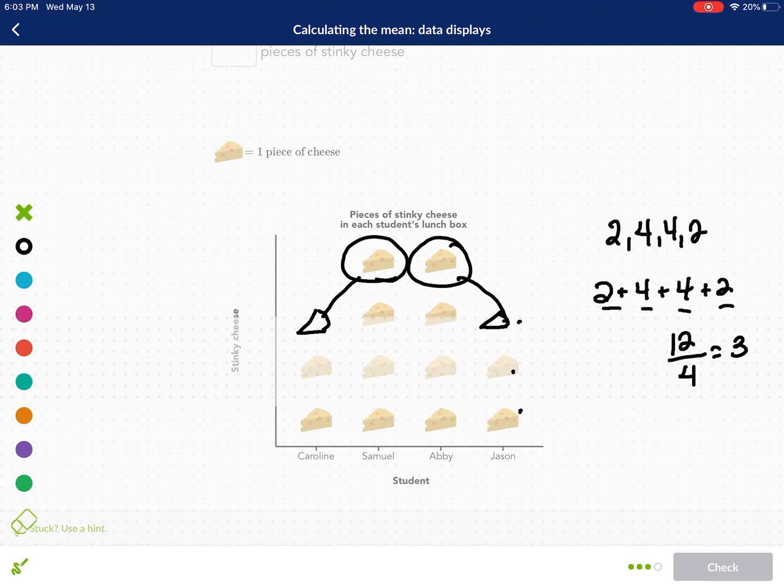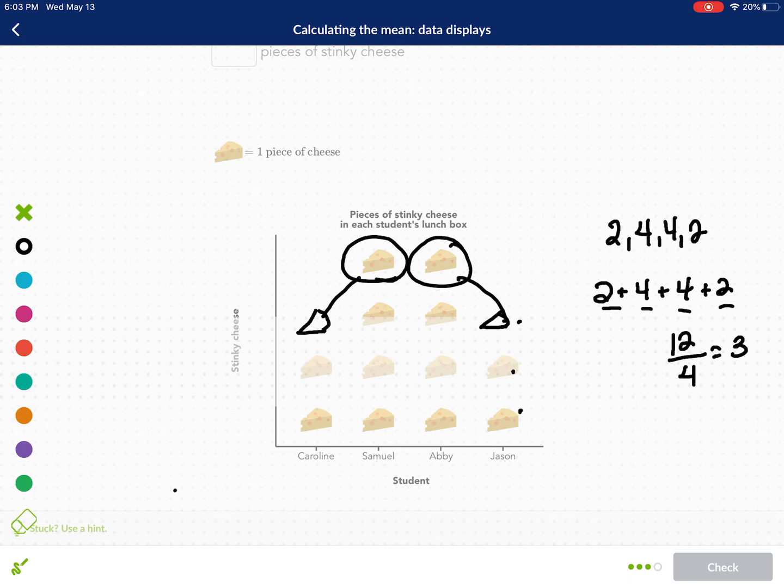So that's the whole idea of mean. It's like a redistribution. It'd be like taking all of the cheese into one big pile and saying, let's distribute this equally amongst all of the children. All right, so that's what the mean is talking about. It's on average, or if you were to redistribute it so it was an equal amount amongst all of the people in this case.